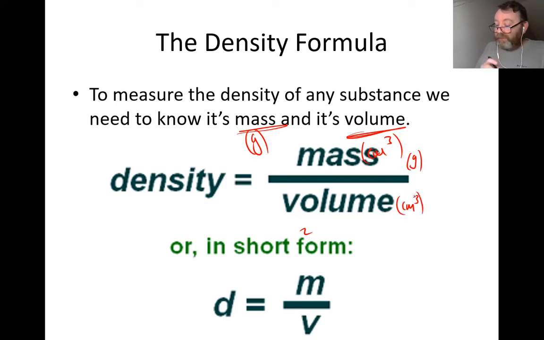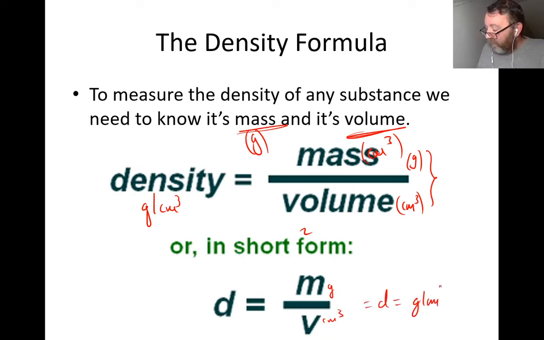Density will then use both together as grams per centimeter cubed. So D equals M grams over V centimeters cubed, which means density equals grams per centimeter cubed. And I want you not to forget that. So density is mass over volume. Mass is grams, volume is centimeters cubed, so density is grams per centimeter cubed.